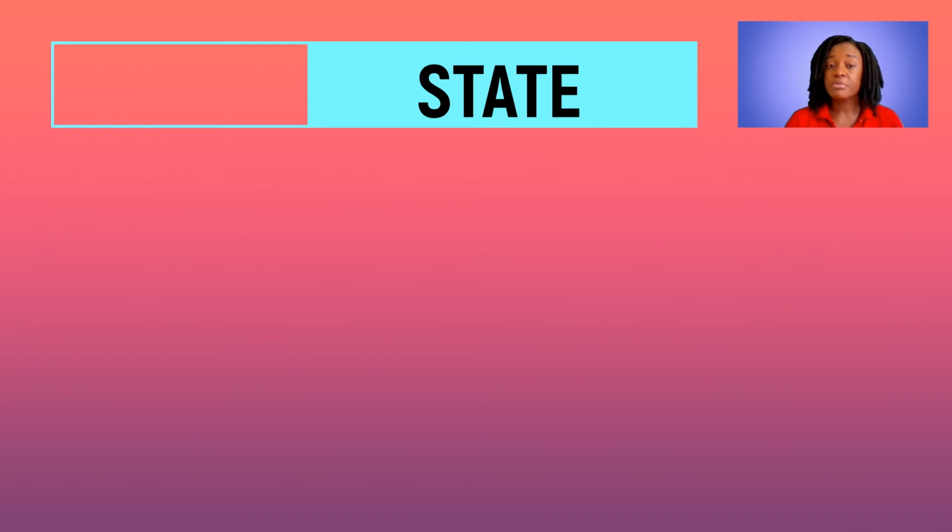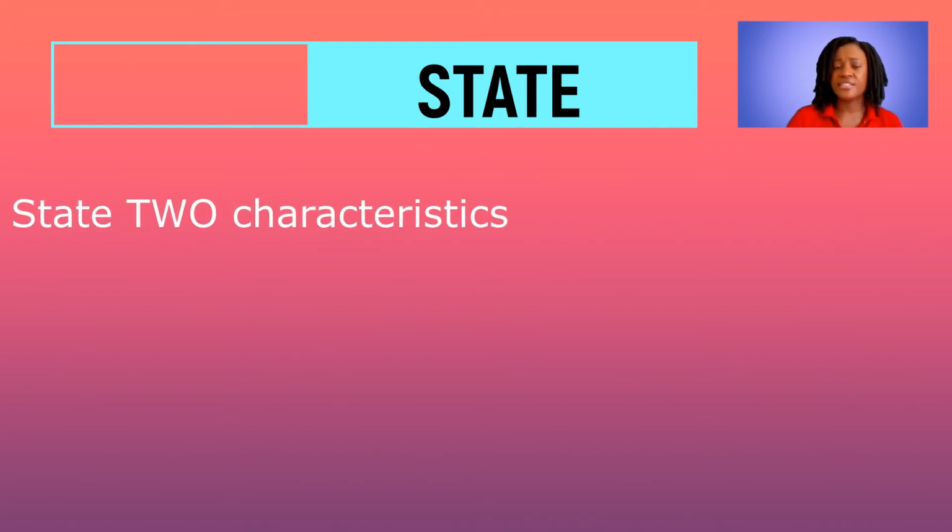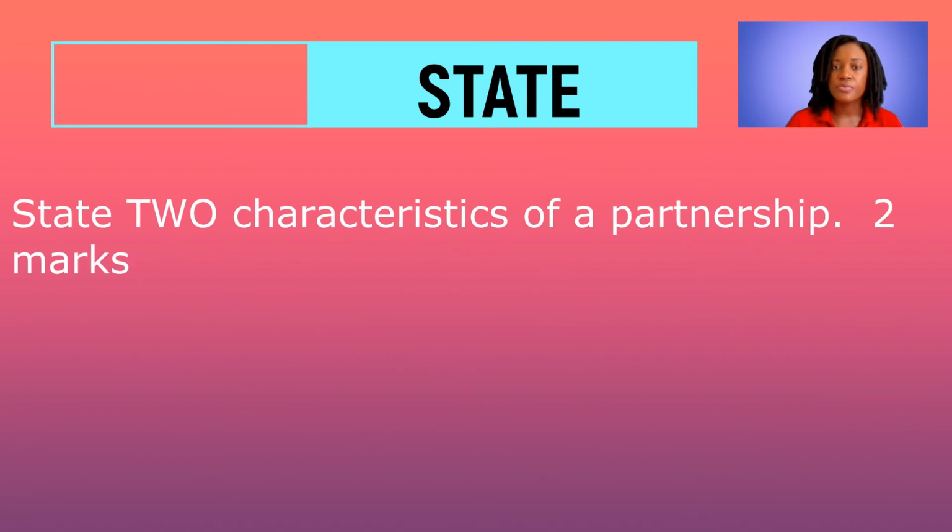Now, let's look at state. State is similar to listing and identifying. You can also order it in terms of numbering or bullet points, whatever it is that you want to do. We must be able to see clearly what you're stating. That is key. What if you're asked to state any 2 characteristics of a partnership?